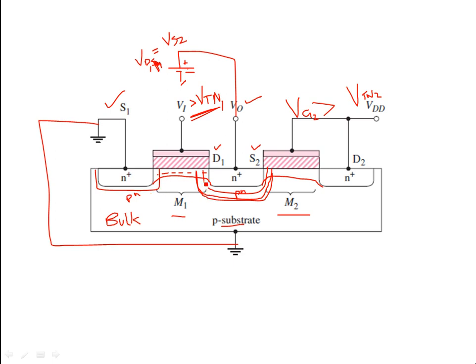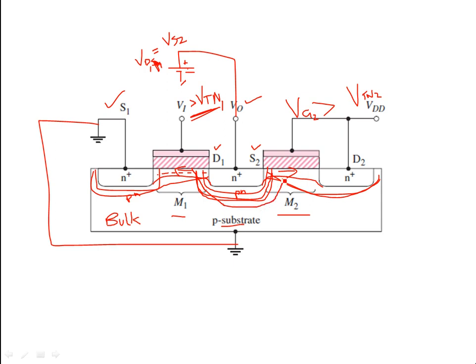Due to this uneven depletion width, the physical channel will be tapering off like this in both regions. Basically, the point where the space charge density is 0 might shift towards the right and towards the left in these regions, depending on how much VDS you are applying.